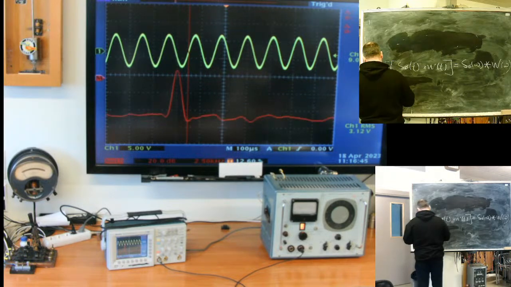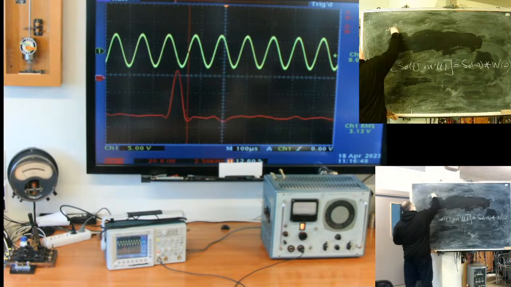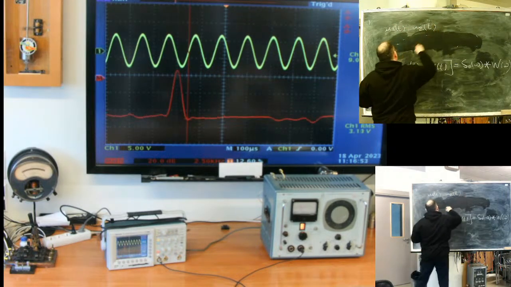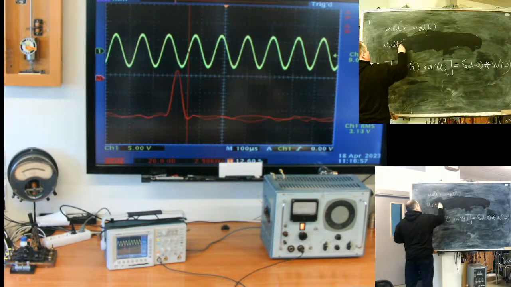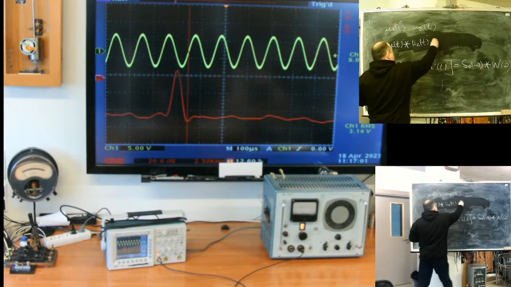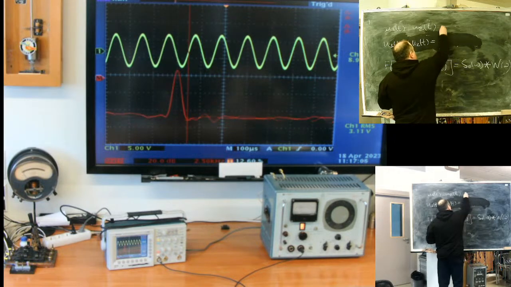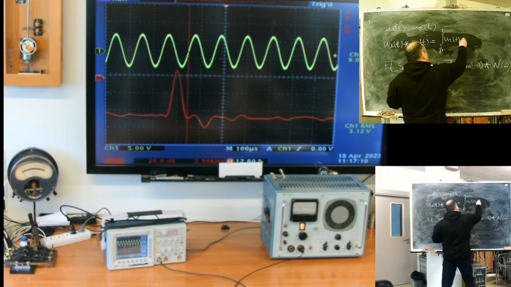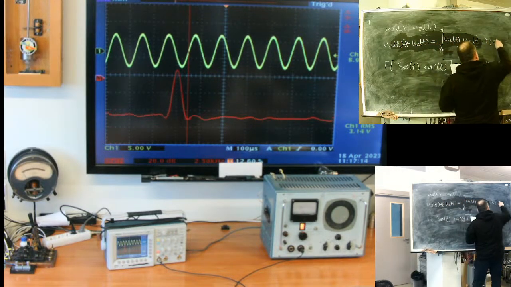Convolution. For example, if you have f1 of time and f2 of time, the convolution, this is a time function, will be the integral from 0 to time of f1 of tau times f2 of time minus tau, d tau.